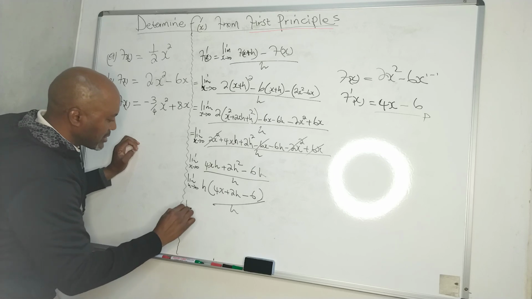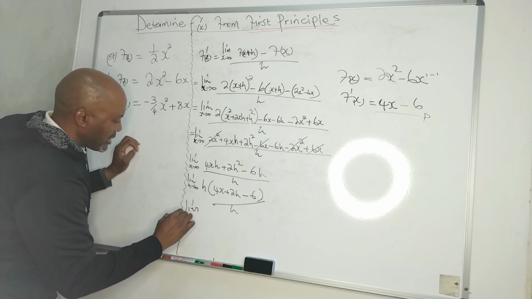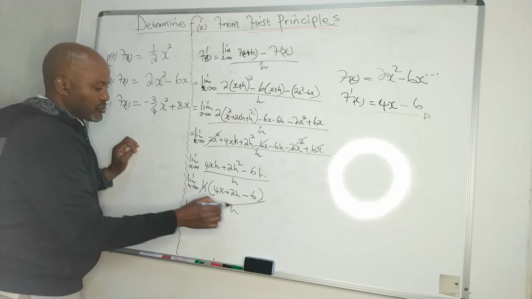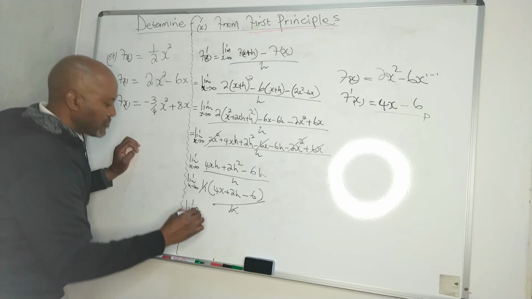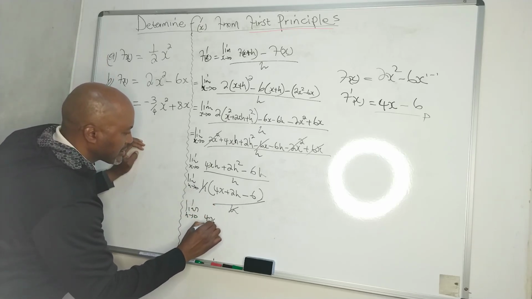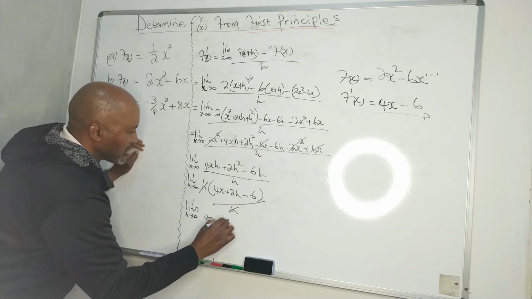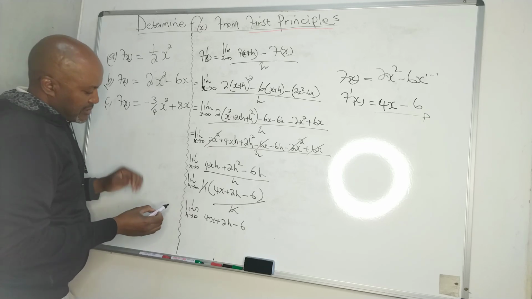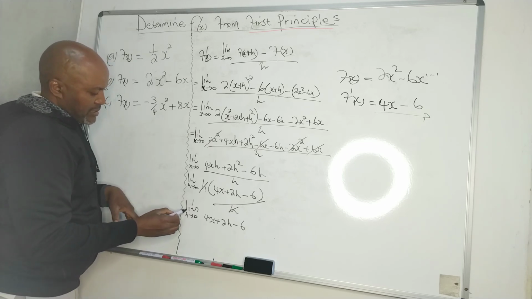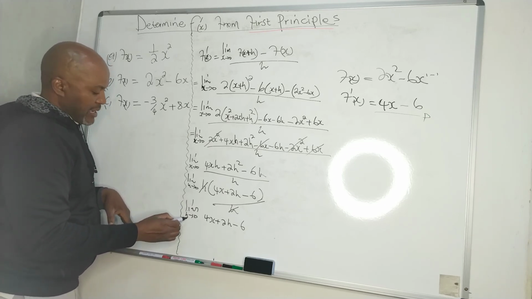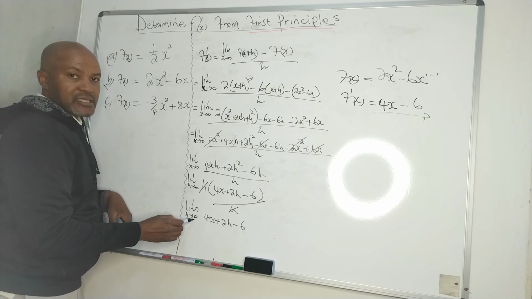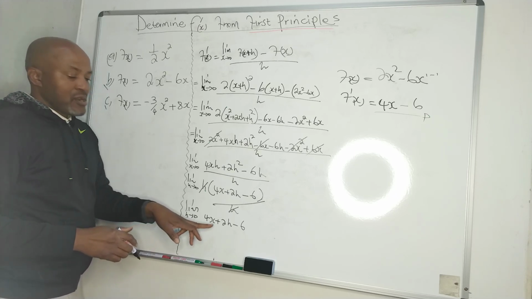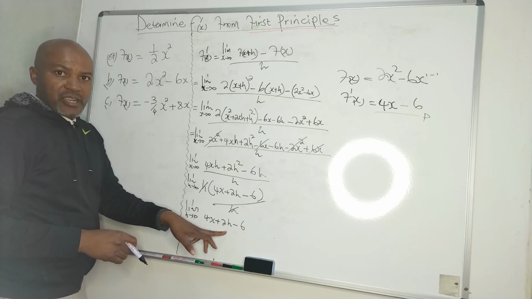This is going to be the limit when h approaches 0. This h is going to cancel that one. Remain with 4x plus 2h minus 6. Remember, they say the limit when h approaches 0. So we're going to put 0 in place of h.